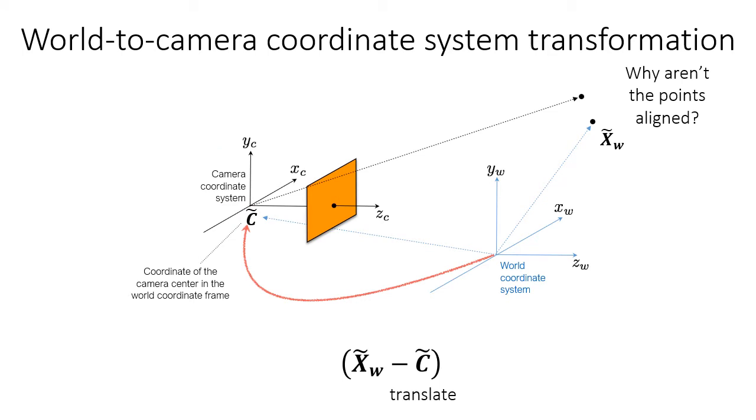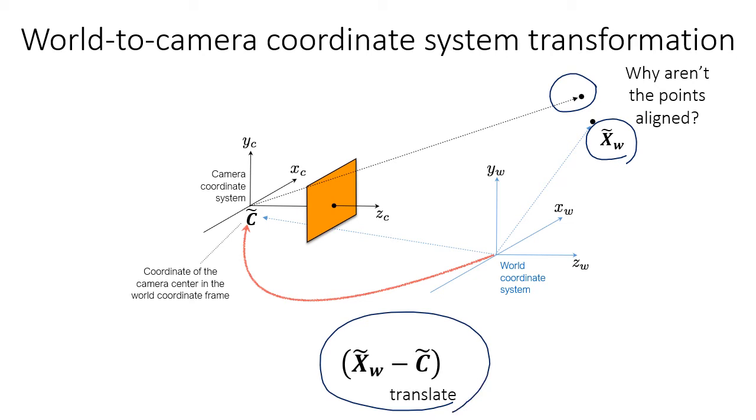This point is a 3D point in the camera coordinate system, and this point in the world coordinate system is translated as shown in this equation.